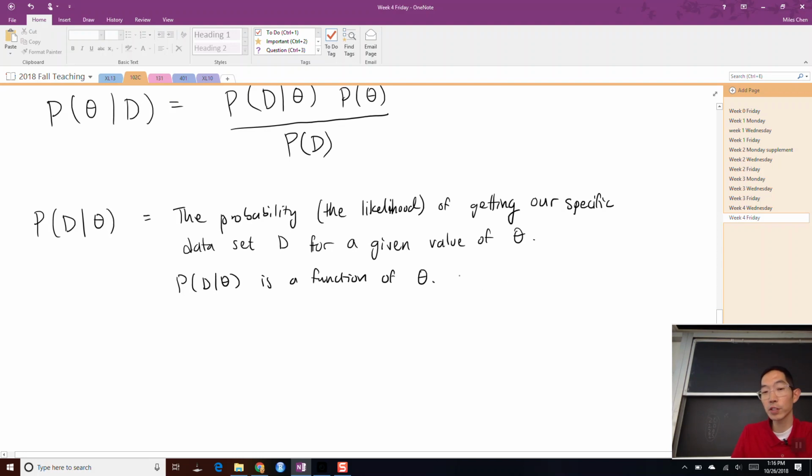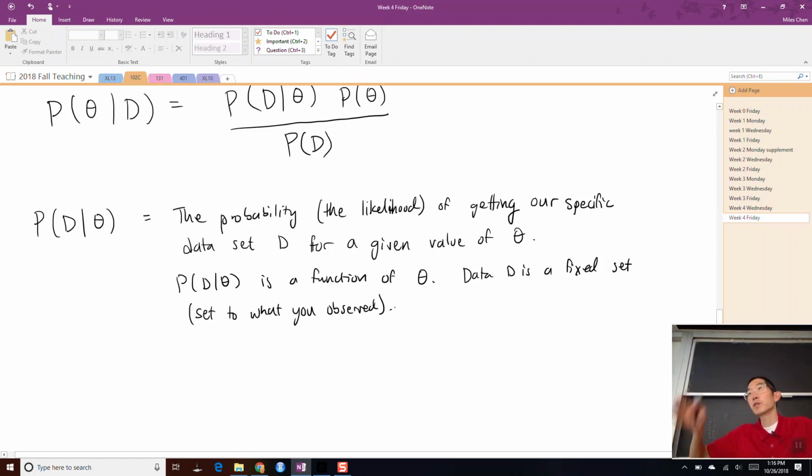The data D is a fixed set, basically equal to what you have observed. So you don't have the power to change what you've observed. What you've observed is what you've observed. And it's a function of theta.